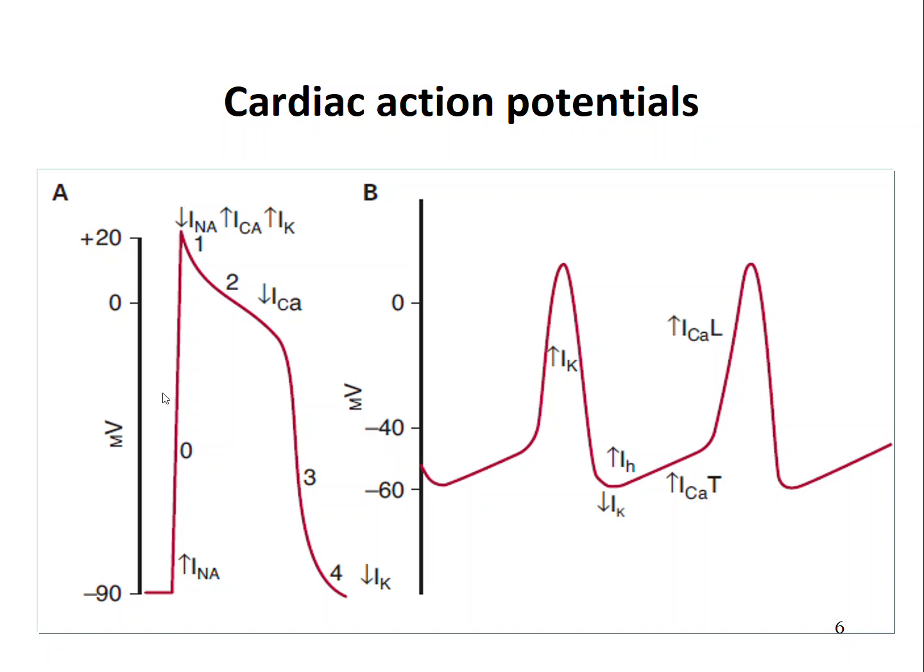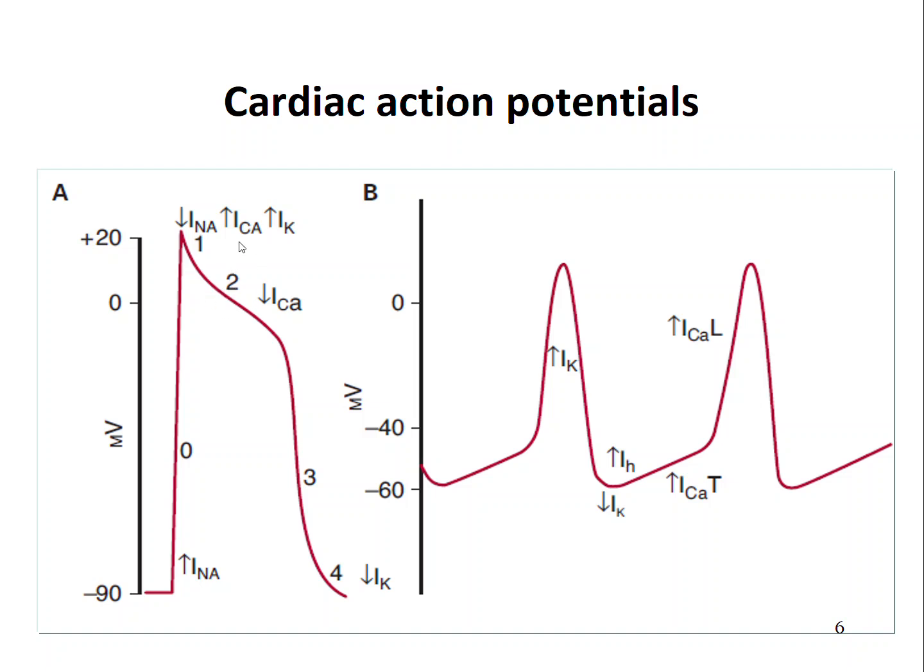After phase 0, we have phase 1, which is a primary repolarization. It's because of the opening of a special kind of potassium channel named the transient potassium channel. This channel is transient, as its name says. It will close very fast, and then we go to the plateau phase, or phase 2, which is relatively stable and stays in the depolarization state.